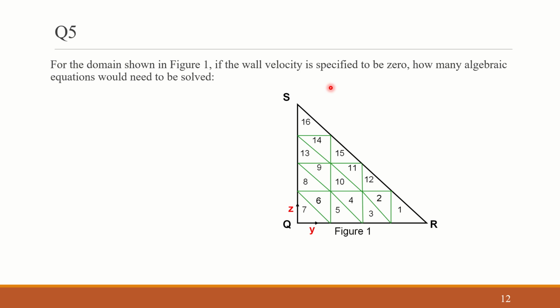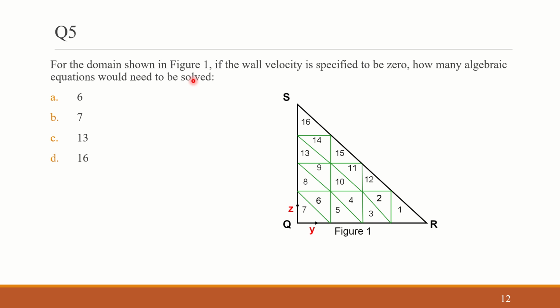This is the flow through the triangular duct, and if we specify the wall velocity as 0, how many algebraic equations do we need to solve? So we have four options: option A is 6, option B is 7, option C is 13, option D is 16.